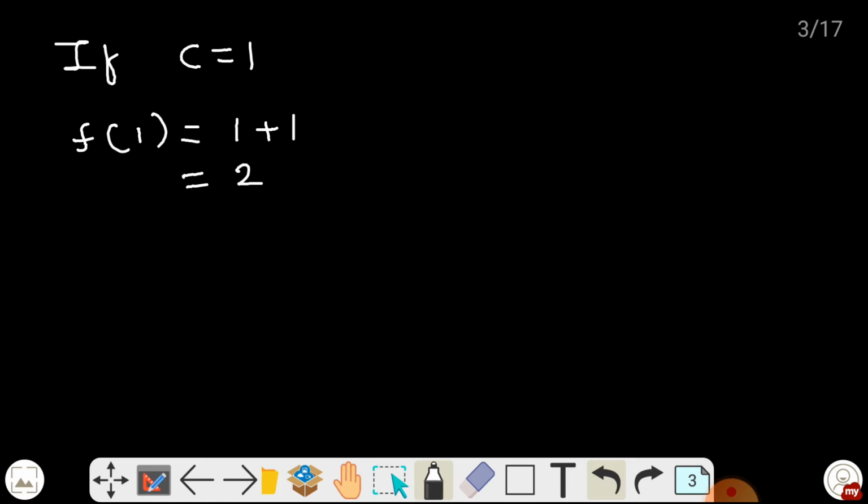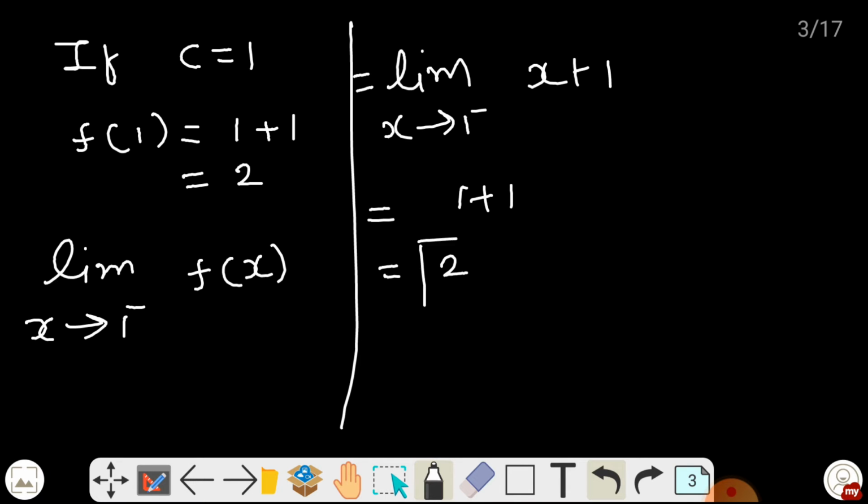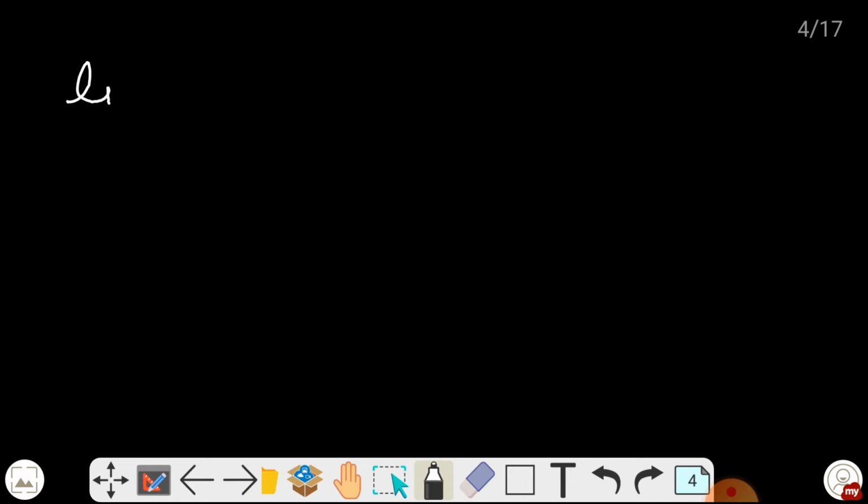Now let us find the left limit first. So limit x tends to 1 minus f of x.